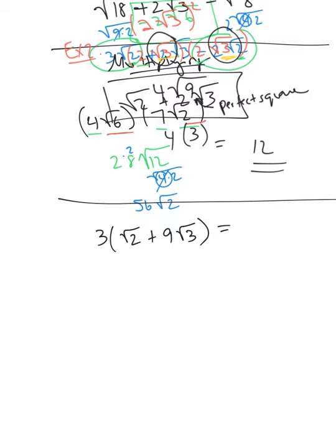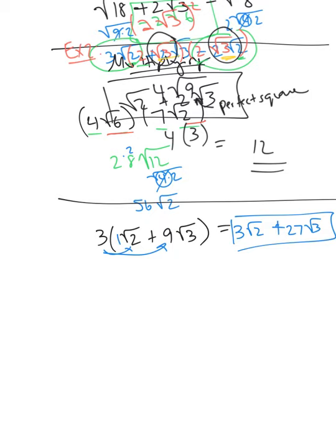The 3 is rational. It doesn't have a square root, so it's going to multiply by the outside numbers. So the square root of 2 multiplies by the invisible 1 on the outside. So you get 3 radical 2. And then when you distribute with the second term, you multiply only by the 9. So 3 times 9 is 27, plus 27 radical 3. And then you look to see if you could simplify the radicals. You can't, so this binomial is your answer.